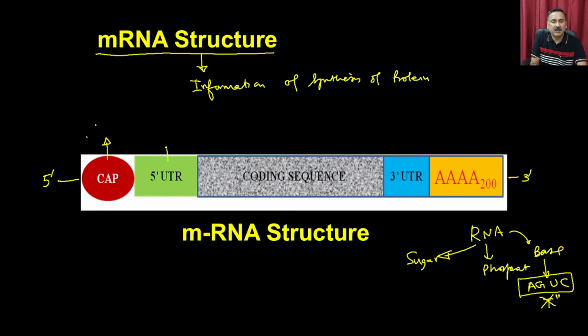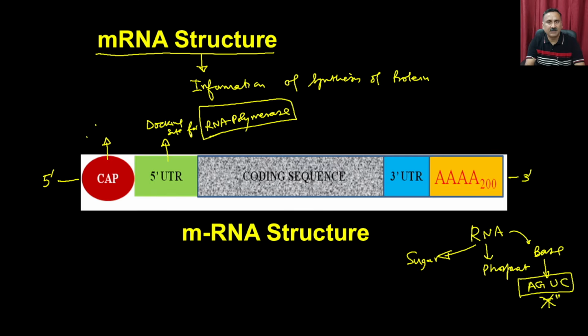The 5' UTR is a place which provides the docking site for the RNA polymerase. In detail, how the RNA polymerase sits and how it recognizes the promoter regions and all that, we are going to discuss when we talk about translation.